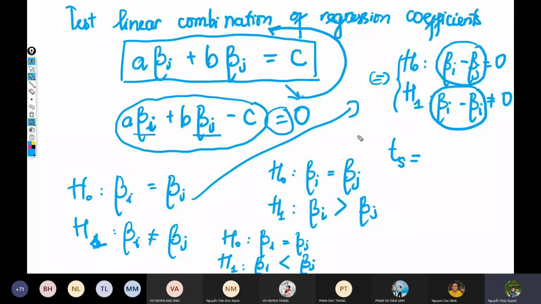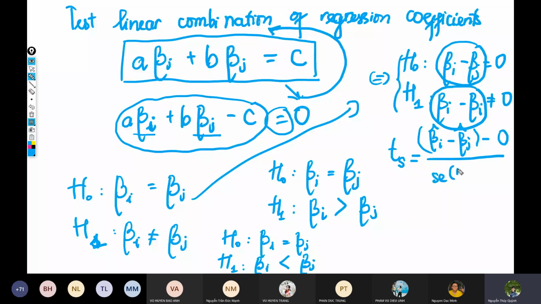So here, if we consider this one as an individual regression coefficient, we will calculate the t for it. By that, we take beta i hat, the observed value of beta i, minus beta j hat, and minus the suspected value here, which is 0, and divide by the standard error of beta i hat minus beta j hat.